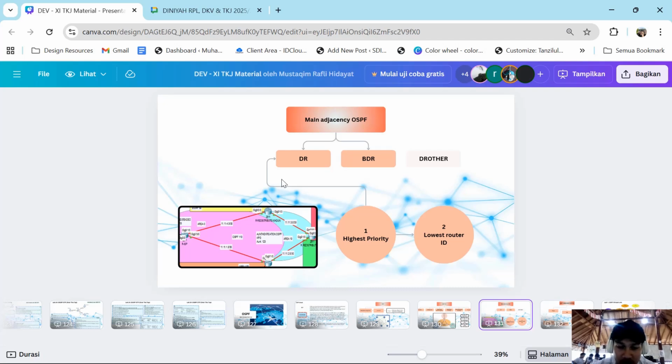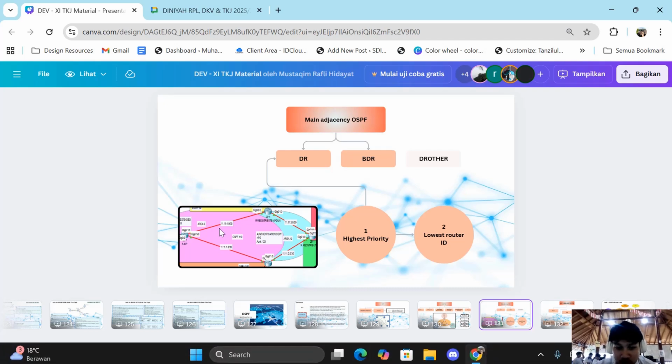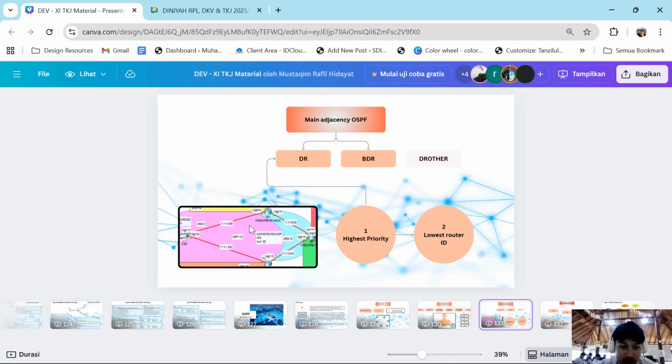Each area inside the OSPF routing protocol has its own DR. So what is DR? For example, DR means leader, leader of the class.